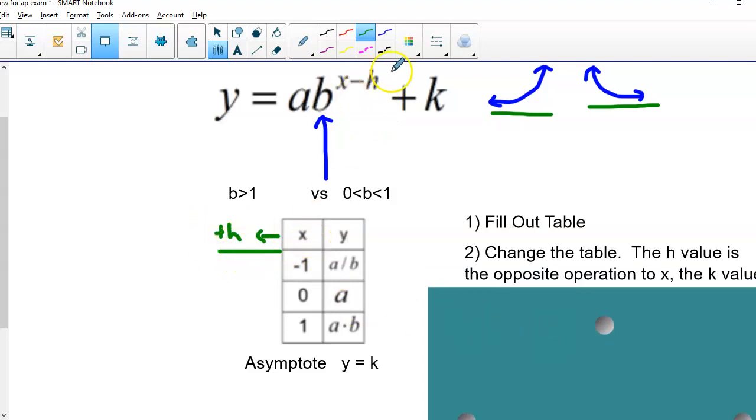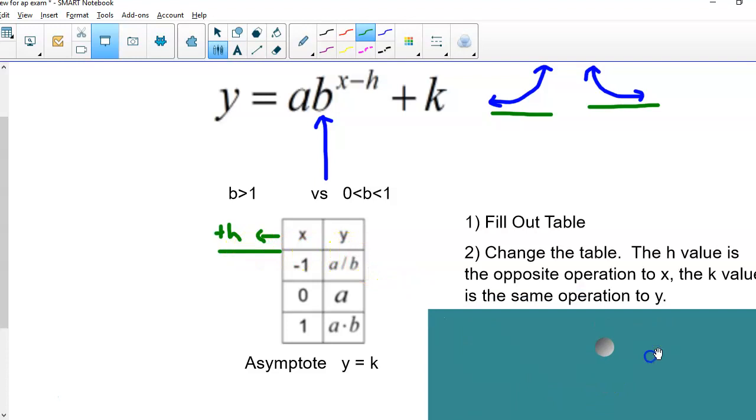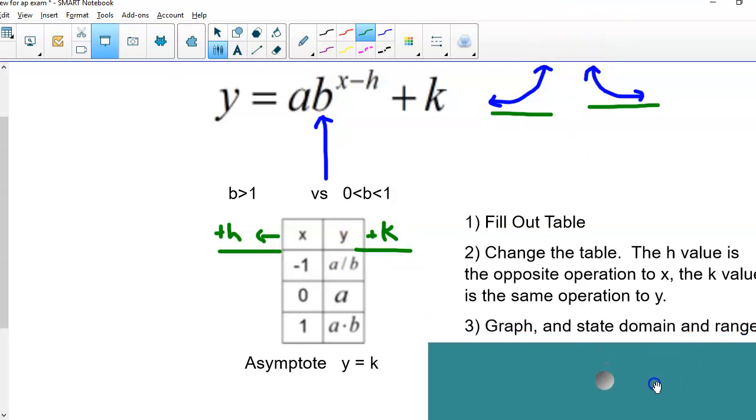Since I have a subtraction of h there, I put an addition of h right here. Then to the y value, you take this k and change all the y values by doing the same operation to y. That's why I put plus k there, because I have a plus k here as well. Then we graph our points as well as the asymptote and state our domain and range.